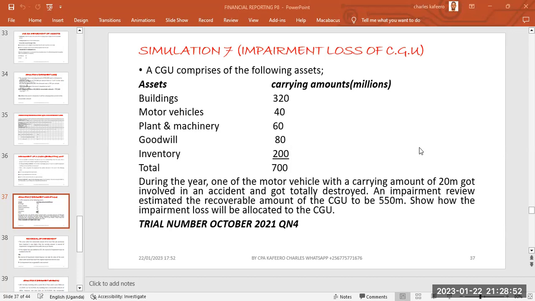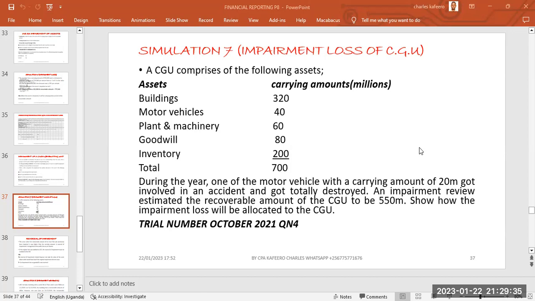It will be hard for someone to answer how much the furniture is contributing to the money you earn at the end of the day, or what percentage these furnitures are contributing to the money you are actually getting. If you don't have one, you can't operate. It means these items function together. Even the money you receive, you receive it in a lump sum. You can't easily attribute that this one brought this and this one brought that. So that's basically what we are trying to look at here.